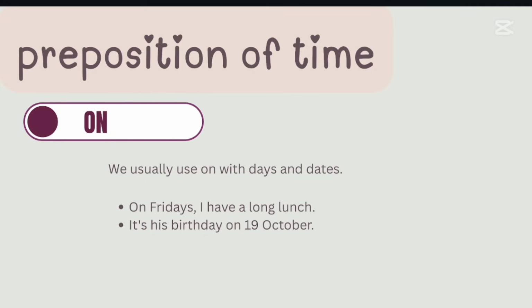So we have there on Friday. So it tells us exactly the day. Okay? And the last example that we have is it's his birthday on 19th October, or October 19th. So as long as it tells us exactly the dates, we are going to use the preposition on.